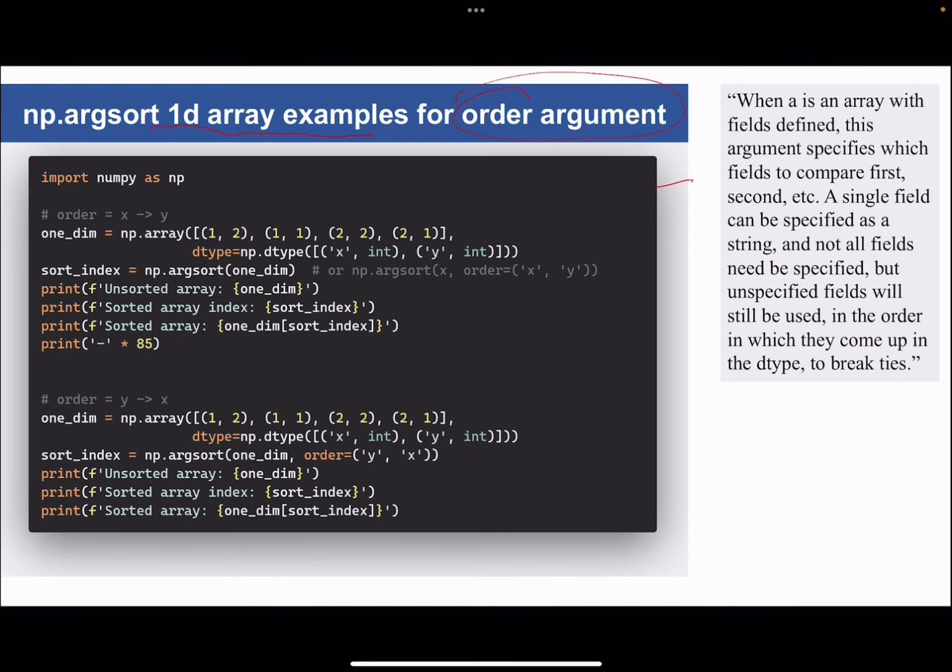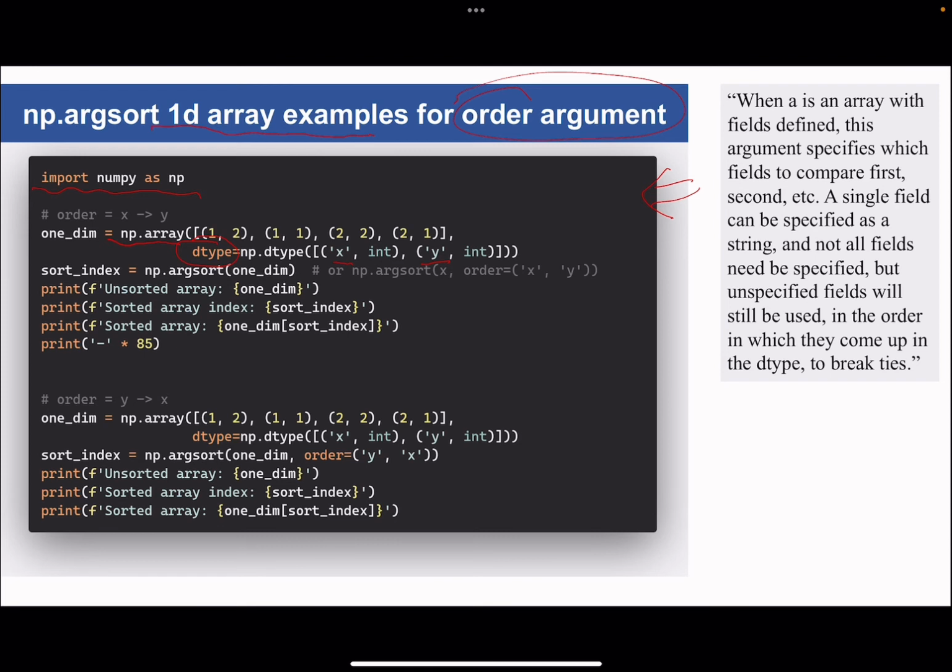We import numpy as np, and we initialize a one-dimensional array using numpy.array as usual, but this time we change the dtype. We assign a dtype with two fields: field 1 is x, and field 2 is y.